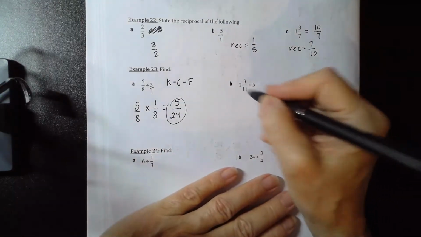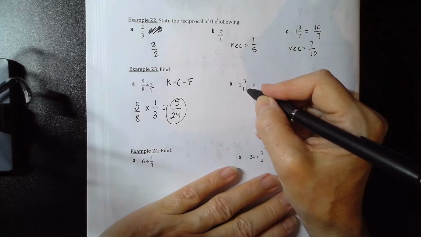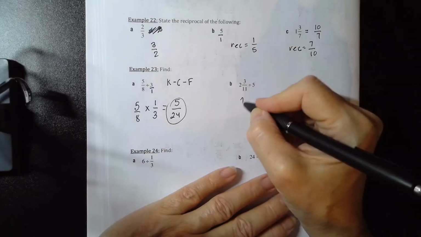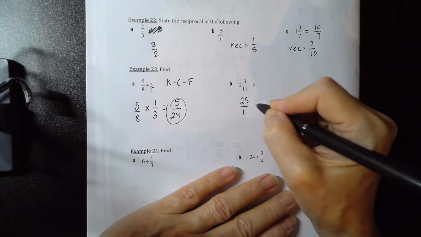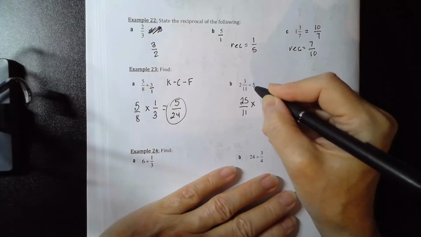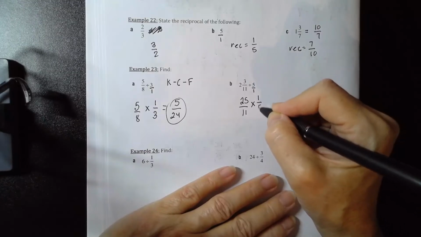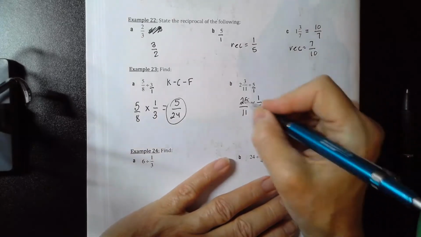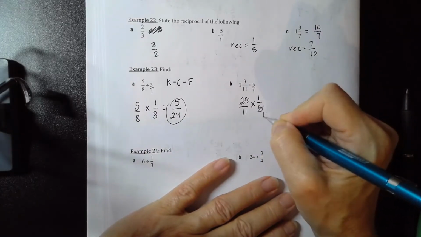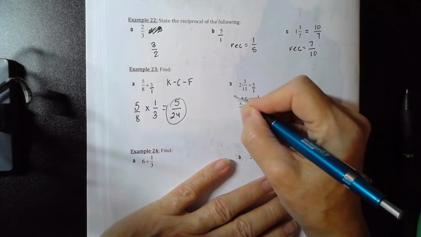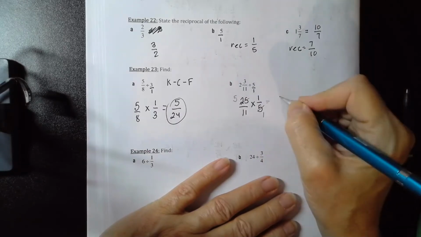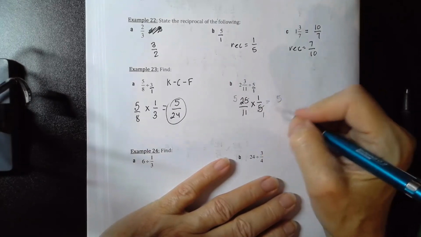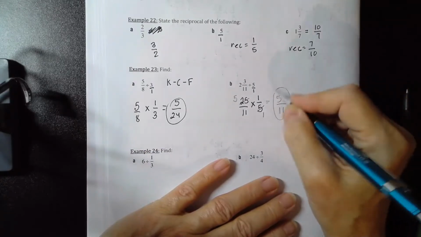Next one, I need to change this to an improper fraction. So 11 times 2 is 22, plus 3 is 25/11, times, remember this is 5/1, so 1/5. We did some simplifying before. I'm going to grab my pencil and go, okay, 5 divides into 5 once, and it divides into 25 5 times. So I'm getting 5 times 1 over 11 times 1, 5/11.